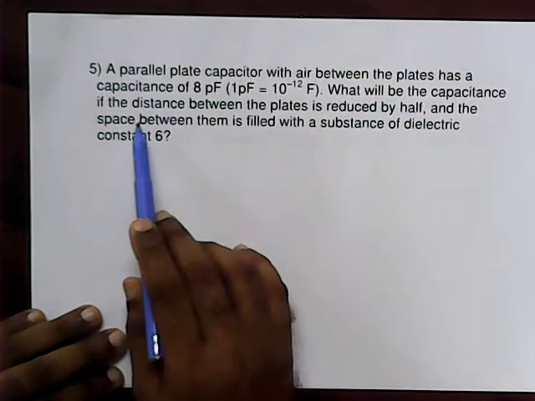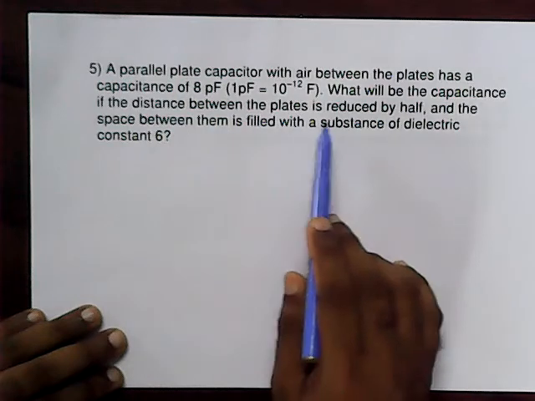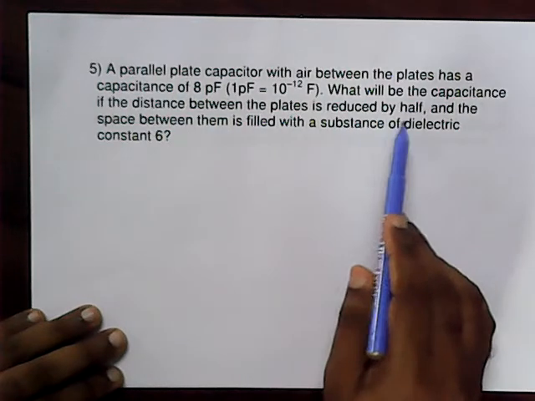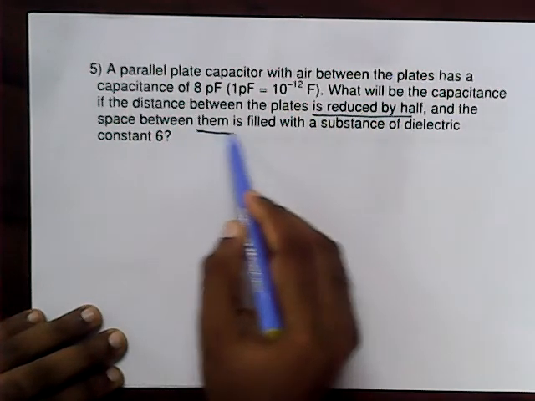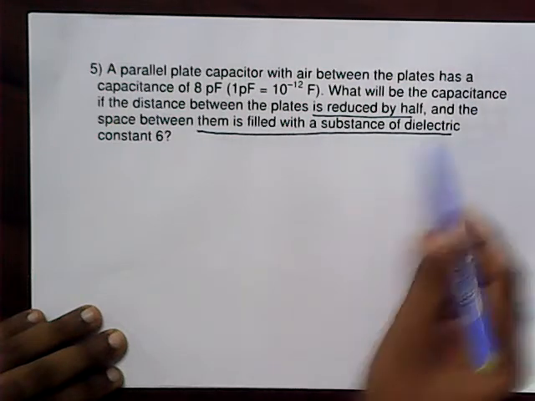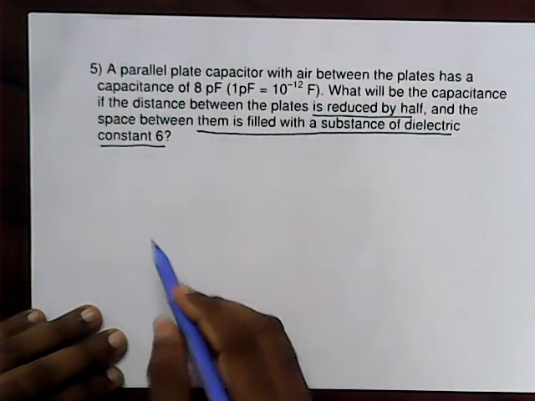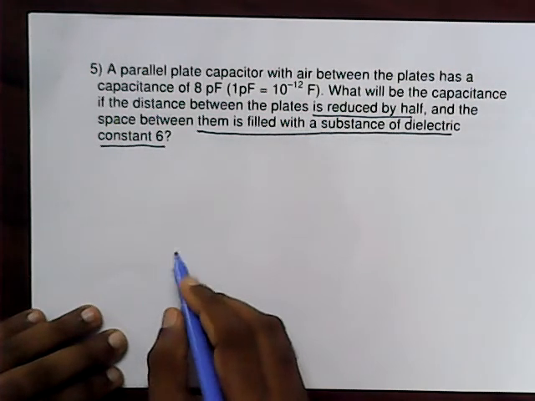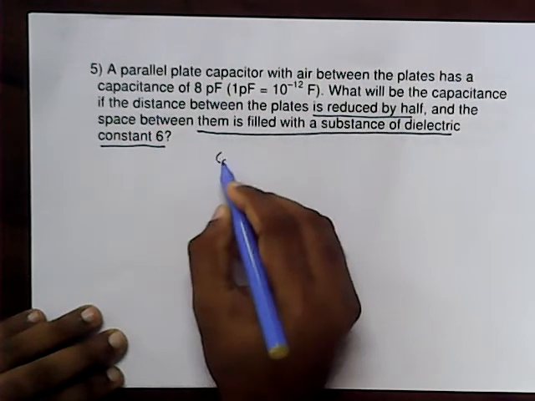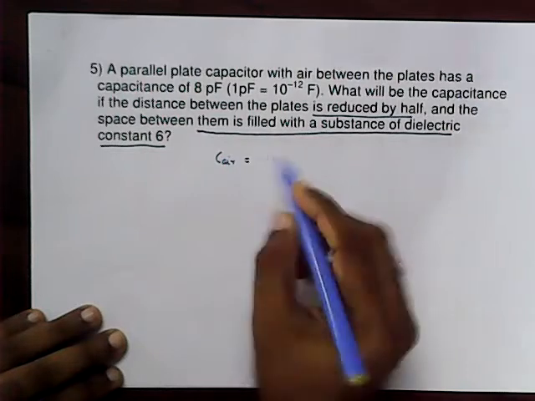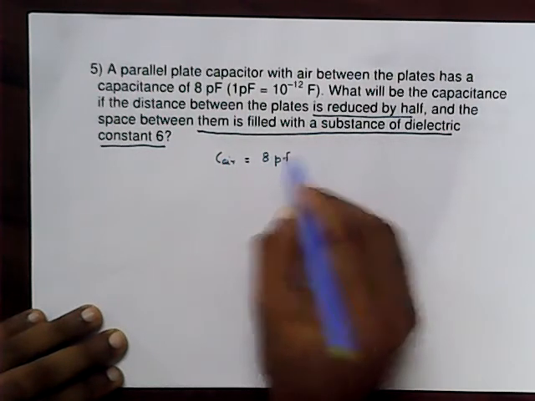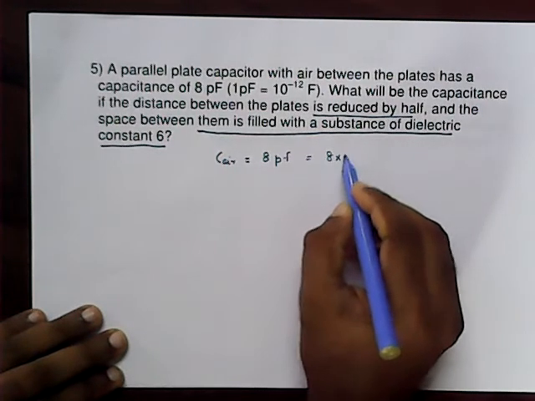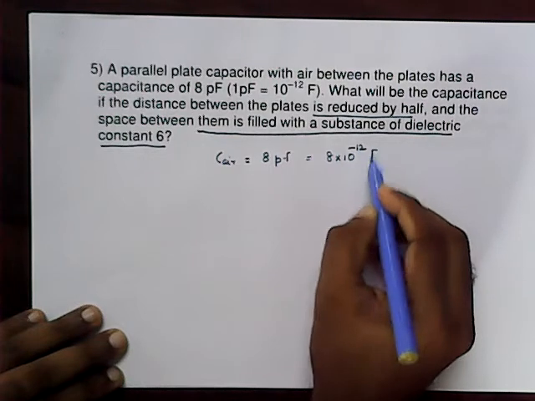What will be the capacitance if the distance between the plates is reduced by half, and the space between them is filled with a substance of dielectric constant 6? So we can start with the first concept. It is given the capacitance when air is the dielectric is 8 pF, that is 8 into 10 raised to minus 12 farad.